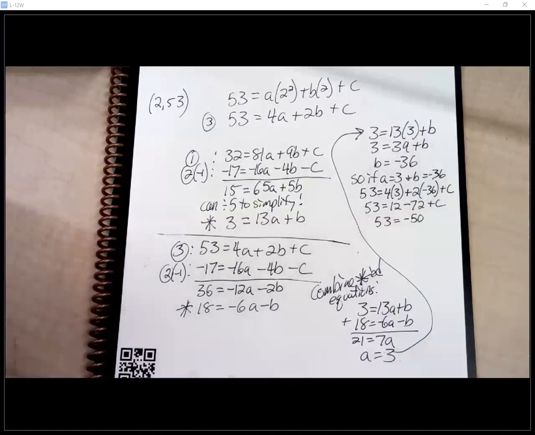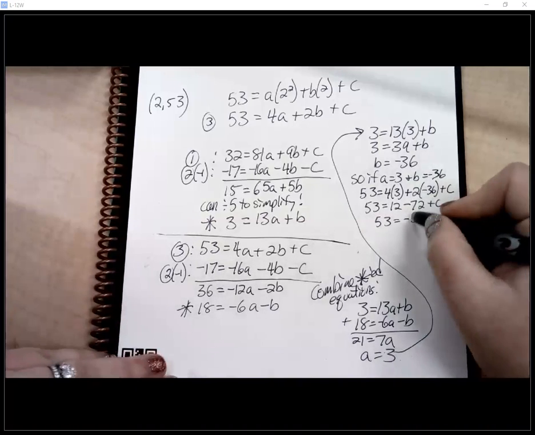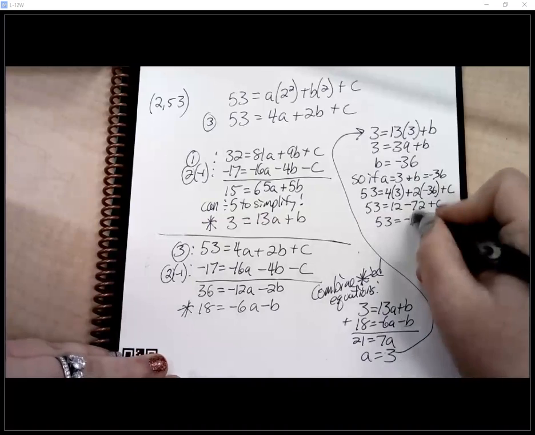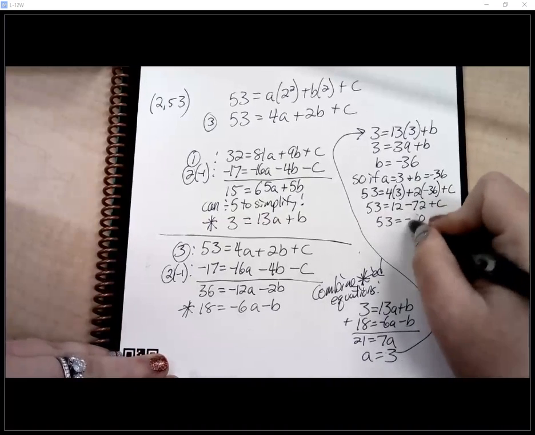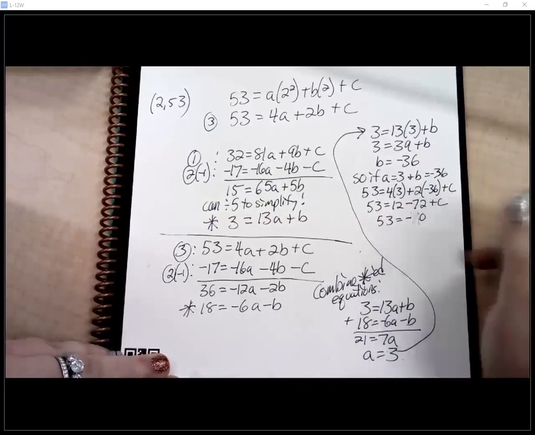See, I almost messed up right there. One little mistake. Should be a negative 60, right?